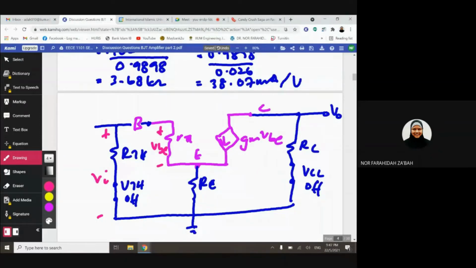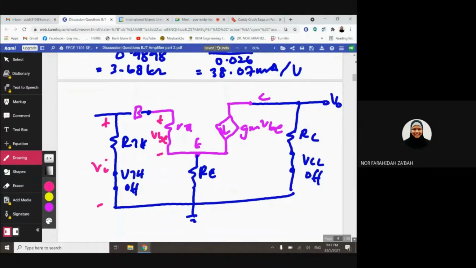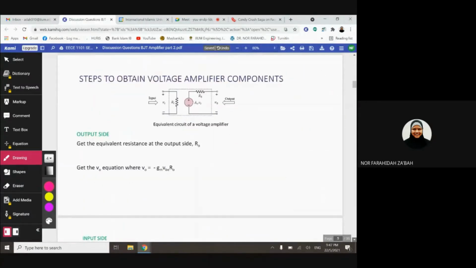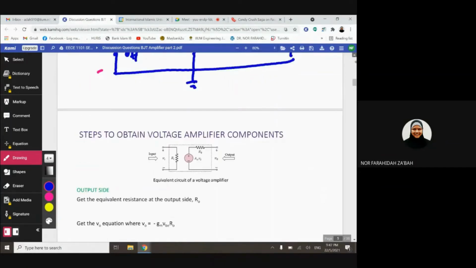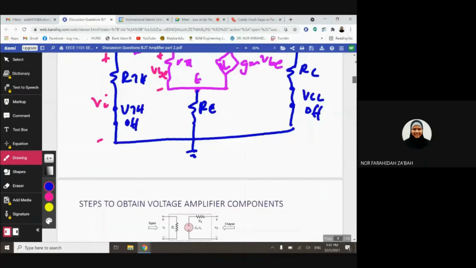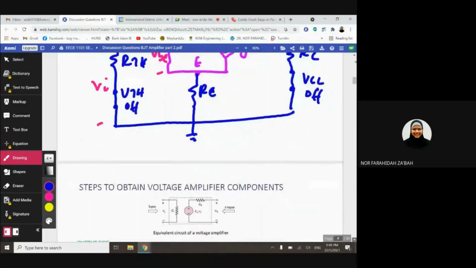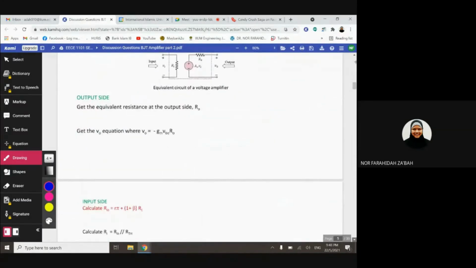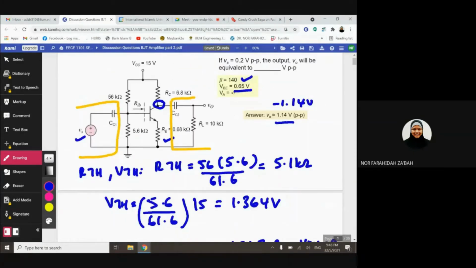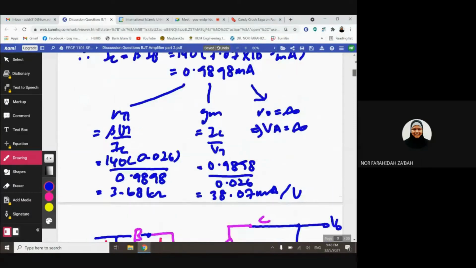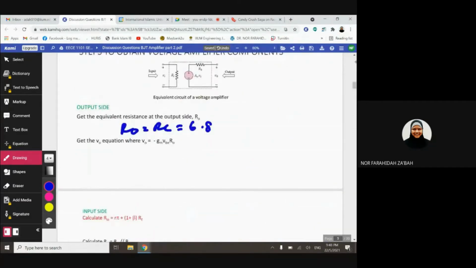So let's follow the steps in your common emitter to obtain the voltage amplifier components. Firstly, you get the equivalent resistance at the output side. At the output side, you only have RC. So R0 is RC, which is 6.8 kilo ohm.